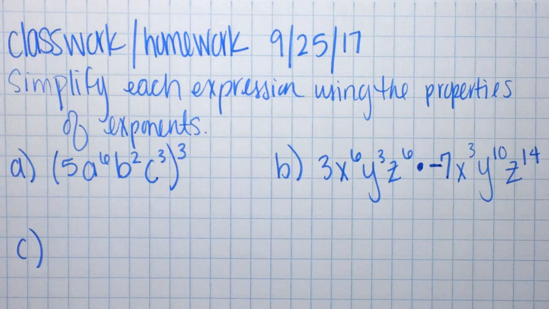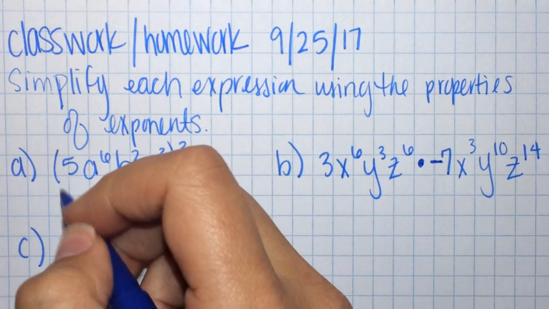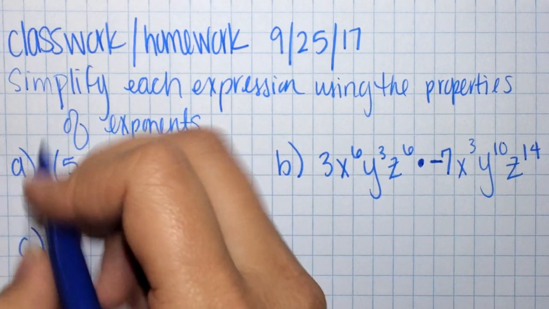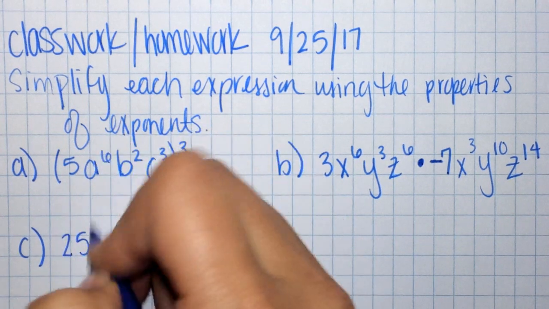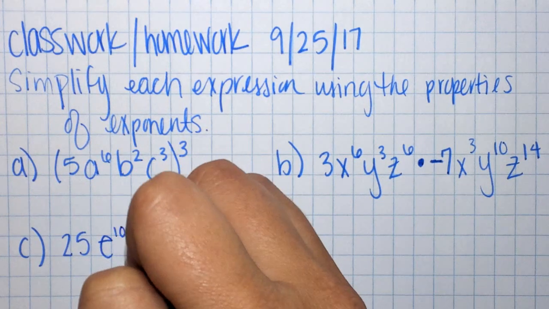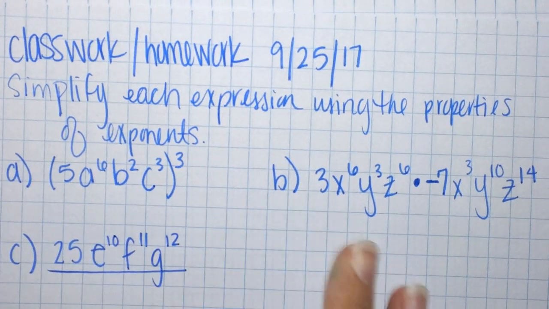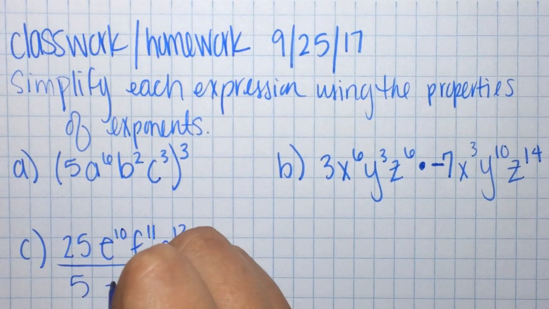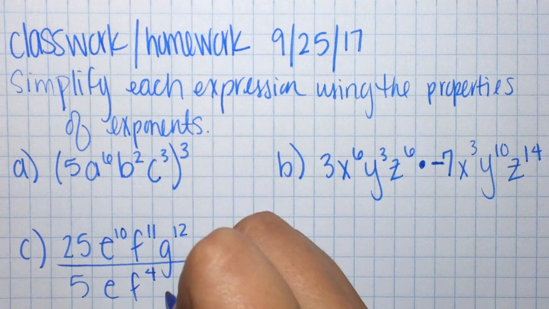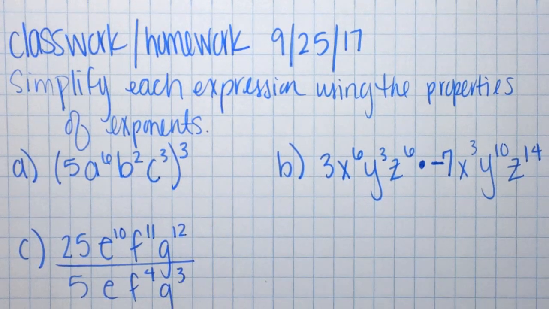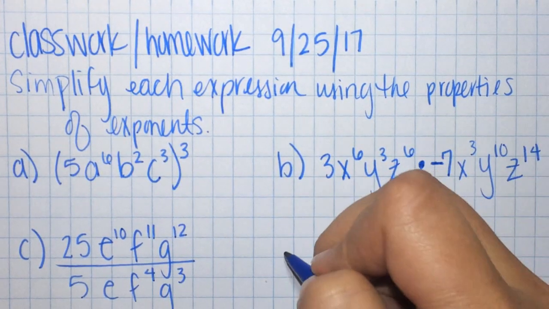That's a multiplication. See? If it doesn't have an exponent up there, what is the understood exponent?